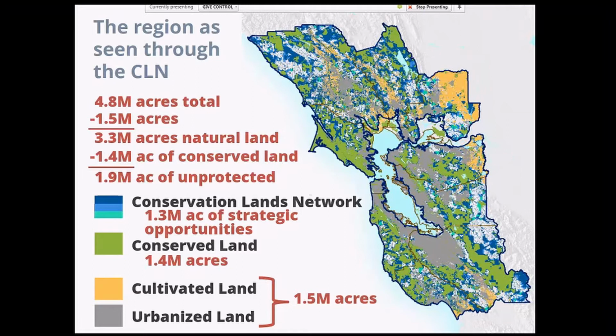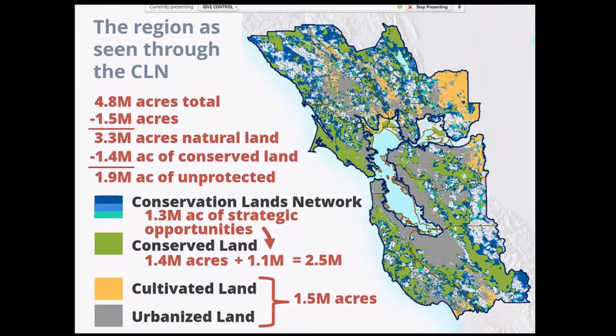And what you can think about here is that the blue areas, and as we'll demonstrate in this talk, represent a full suite of habitats that exist in the Bay Area, in an efficient configuration and in appropriate amounts. And so what we're driving toward is essentially hoping that the 1.1 additional to get to 2.5 would come from these strategic opportunities.